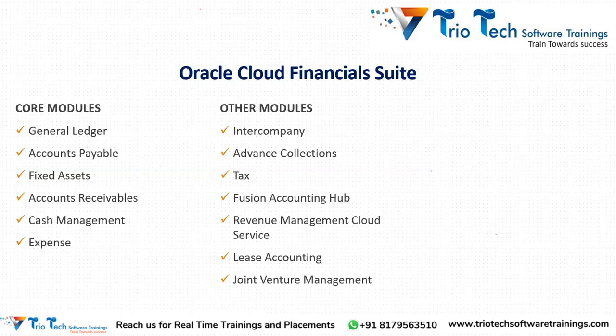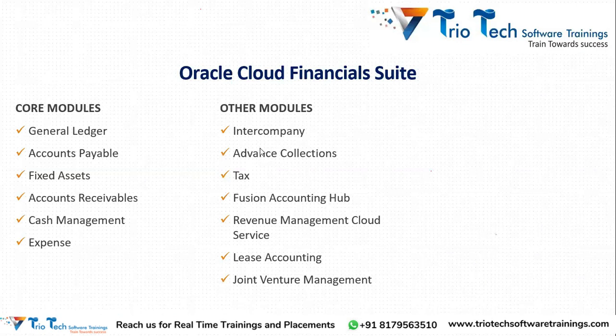Apart from that, considering various advanced business requirements, they have come up with certain other applications and modules as well. You can see the list here: intercompany, advanced collections, tax, fusion accounting hub, revenue management cloud service, lease accounting, joint venture management. These depend upon the businesses they are in and the scope of their businesses.